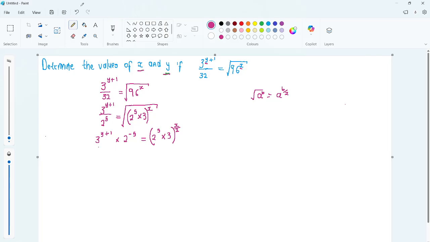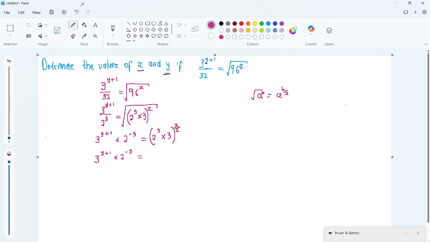Simplify it. This one looks simplified because this is a term, this is a term. Let's deal with this bracket now. This one I write it the way it is. I'm not going to add or subtract anything. It is fine the way it is.